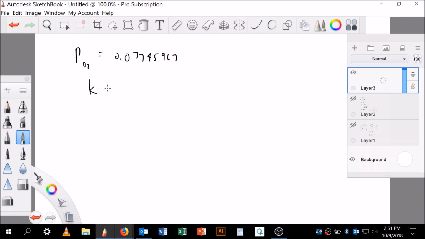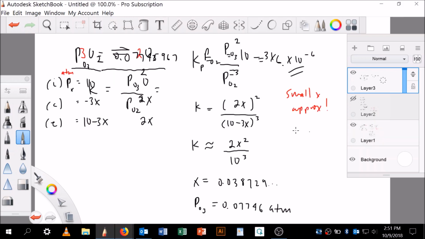And we know that K is equal to the partial pressure of O3 squared over the partial pressure of O2 cubed, okay? So the partial pressure of O2 is going to equal 10 minus 3x. Remember that? Let me go back here. Remember that was 10 minus 3x. It was here.